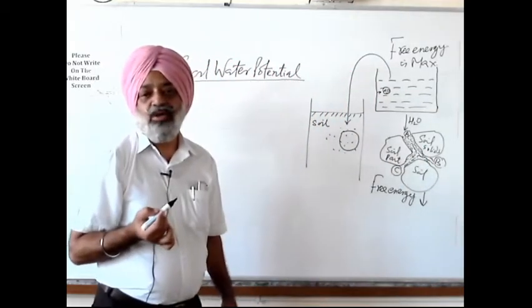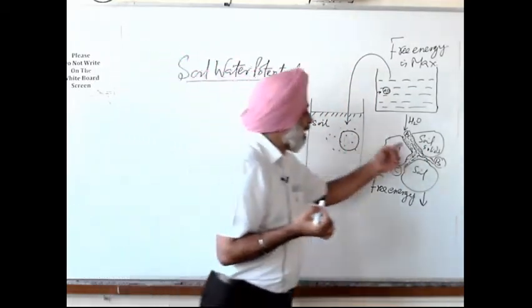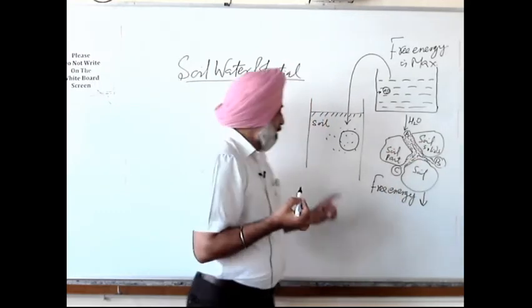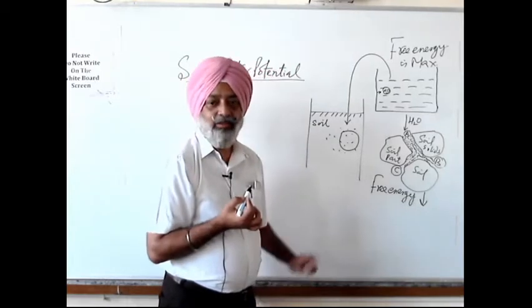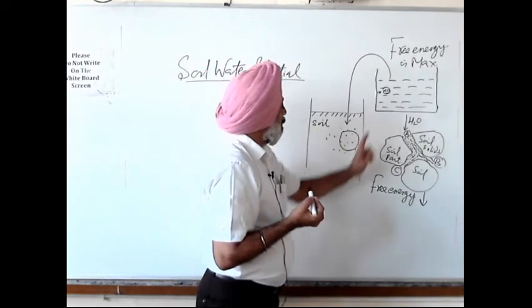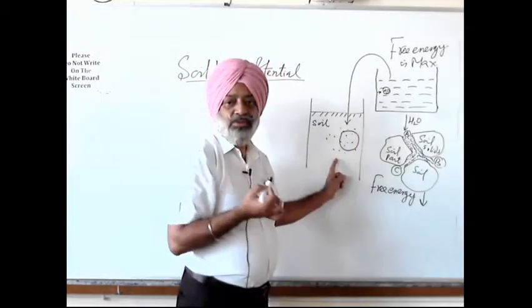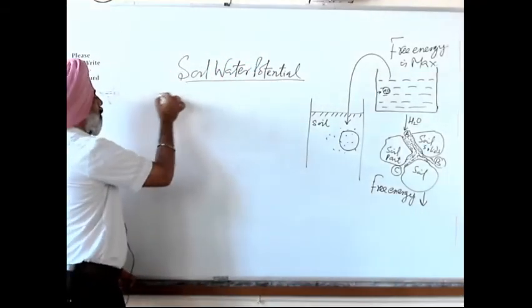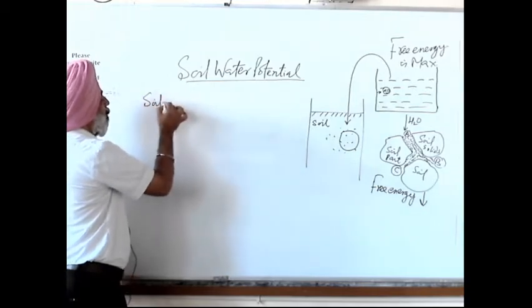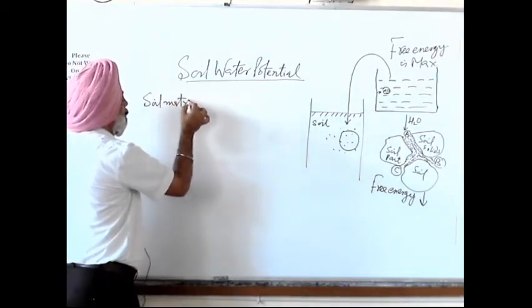It will depend upon the energy level at A or B or C. So the decrease in free energy because of the attraction of water molecules by the soil particles, we call this soil matric potential.